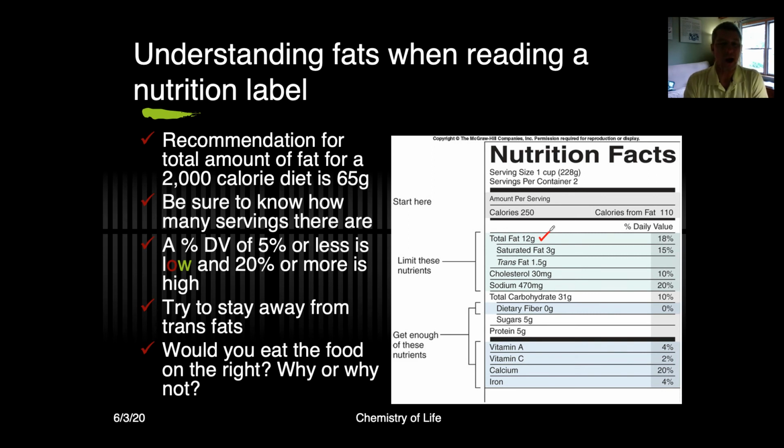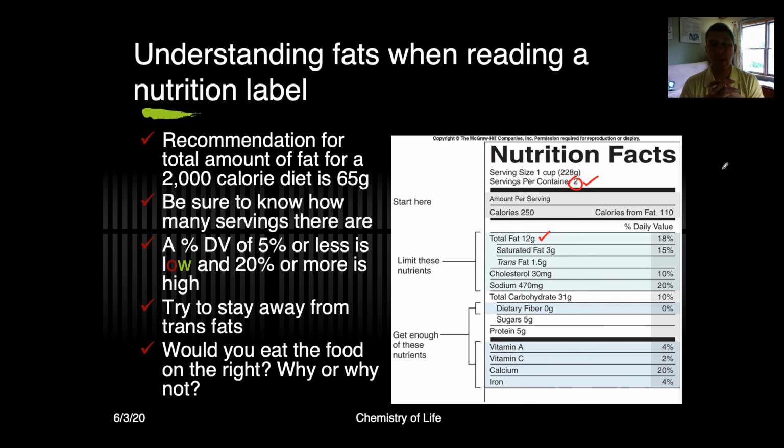Now, when you read a nutrition label, there are a couple of things you need to pay attention to. The first thing is to make sure you know how many servings there are per container. Notice the 2 here. When you buy one of those little bags of chips out of the machine in the lobby, usually those little bags are 2 servings.